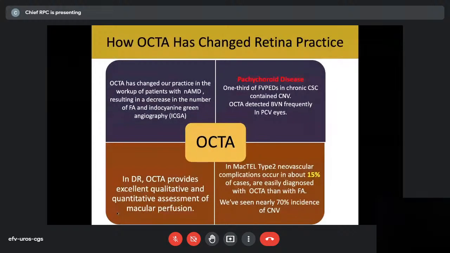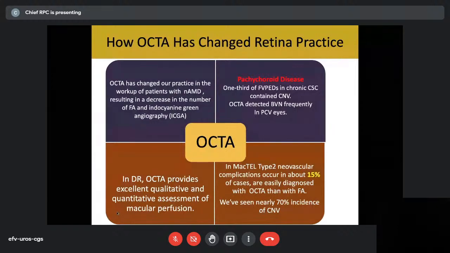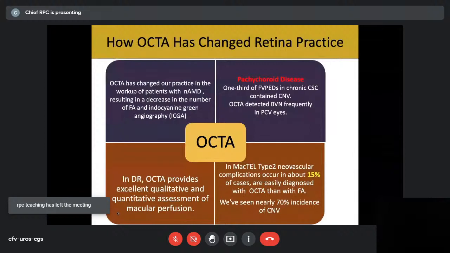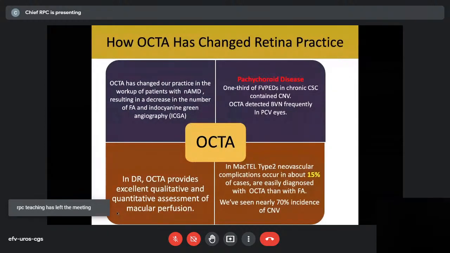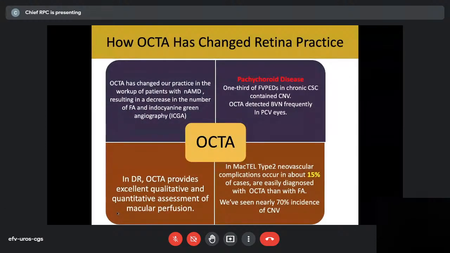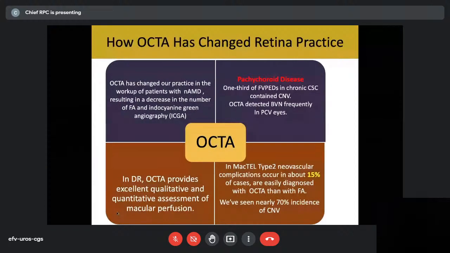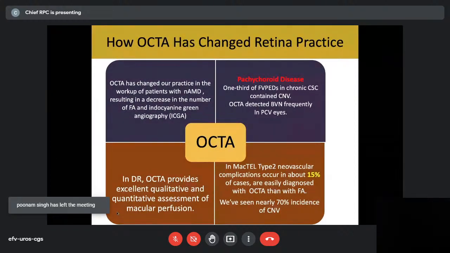So OCTA should be there. I feel OCT itself is not enough. OCTA contributes a great deal because it picks up high-flow lesions like neovascularization, and these tell you to a great extent whether you should inject or not. It's not only the fluid.